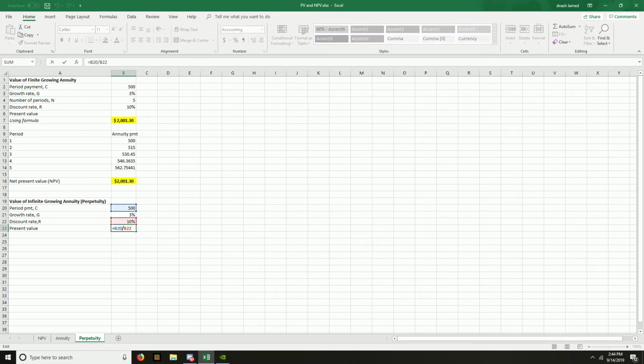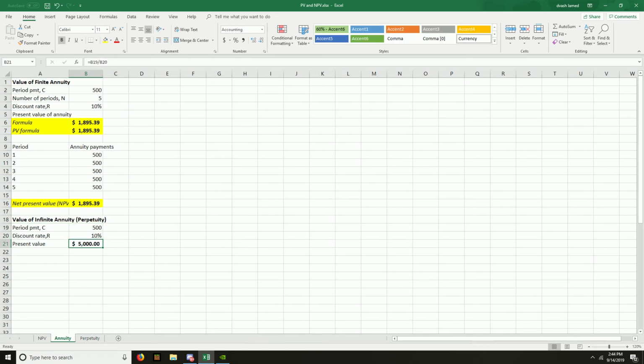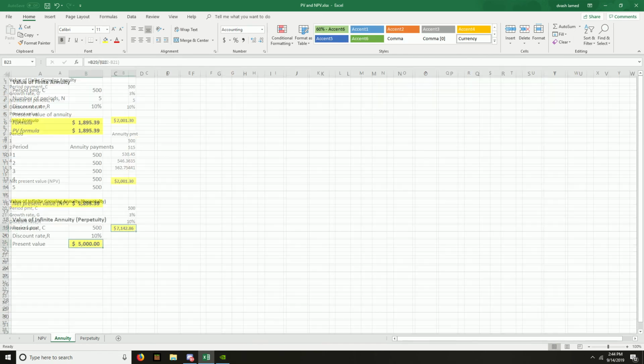So this simply will be the periodical payment divided by the discount rate less the growth rate. So this is our perpetuity with a growth rate, and this is our perpetuity without a growth rate. I could just enlarge it for you.